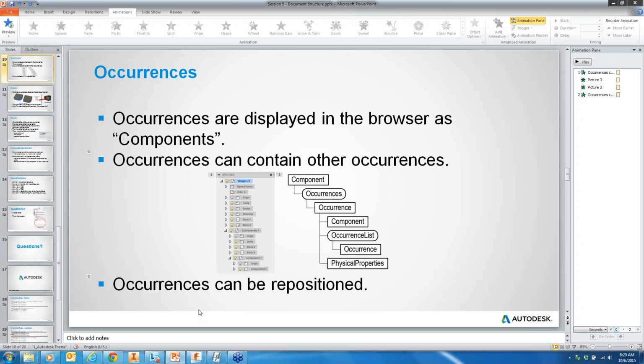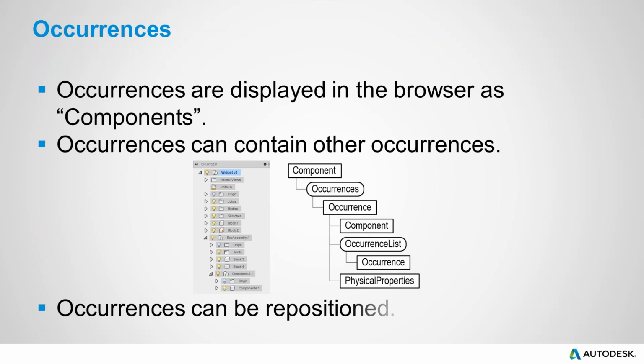All right, and I said before that components can't be moved because they're just this kind of hidden data that's always at model space, but occurrences can be repositioned. So I can move those around, and that's what's happening in the assembly when you grab a part and move it around, or when you're adding joints between parts, that's really controlling the position of these occurrences.